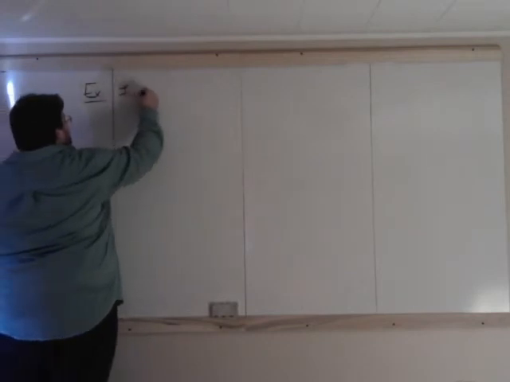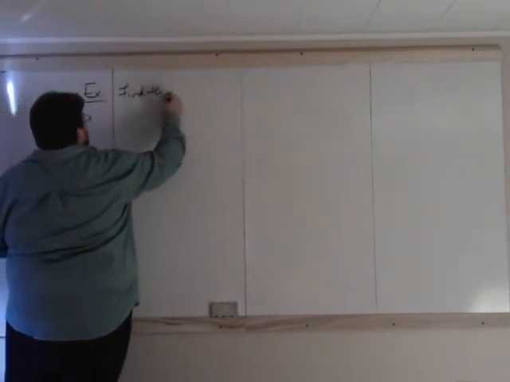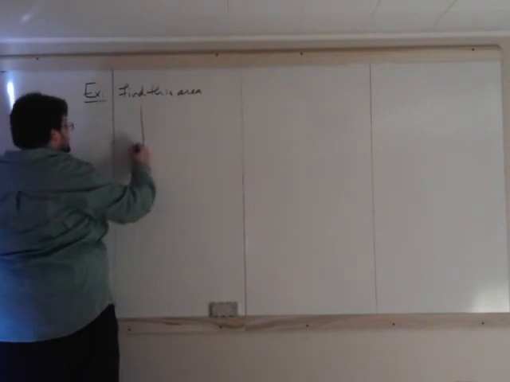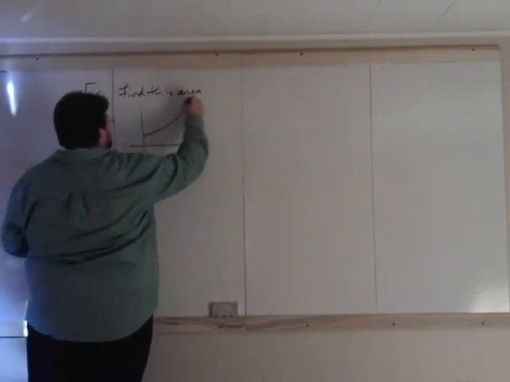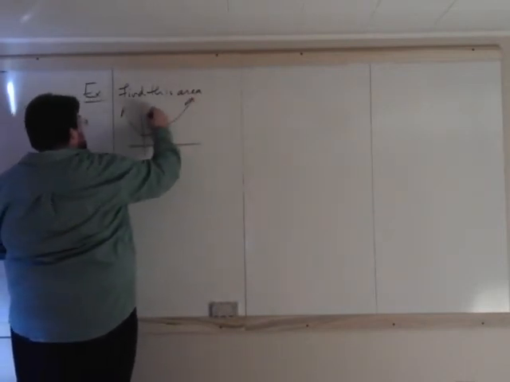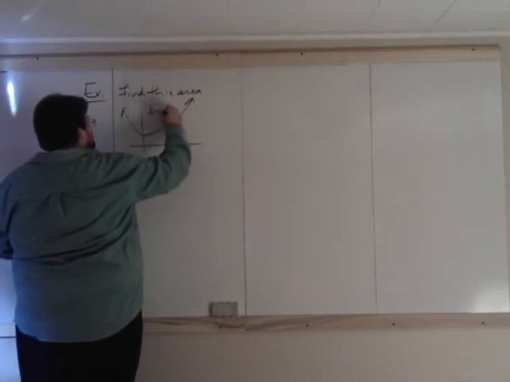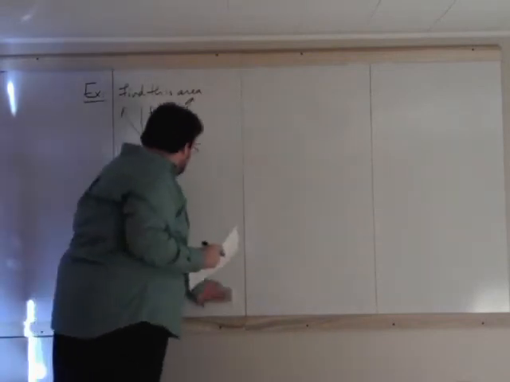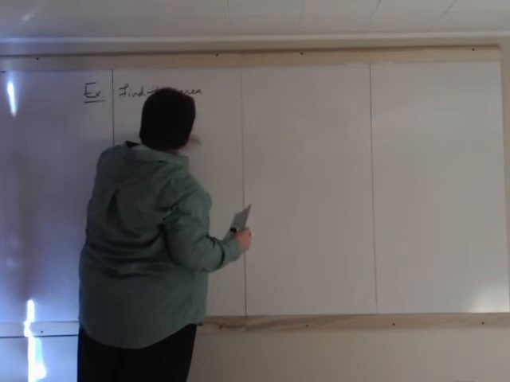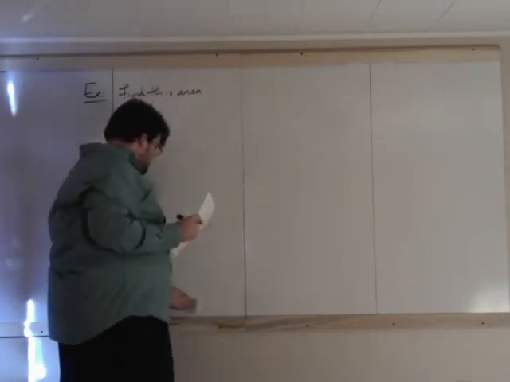Find this area. And I'll just draw it out because that's a little easier than writing everything out. So here we have f of x equals x squared. I'll draw it bigger. And I'll draw it on the next board because I'll do some of the algebra over here.